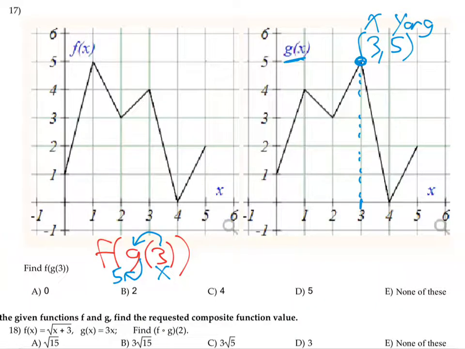So go over to f, plug in 5. There's the point. Over 5, up 2. So plug in that value. Out comes the f value, or y value, same thing, of 2. Answer's 2. See how I went through both functions? So practice that. You'll be good.